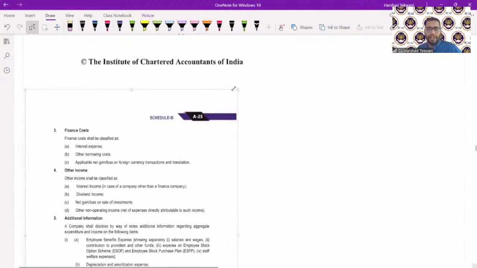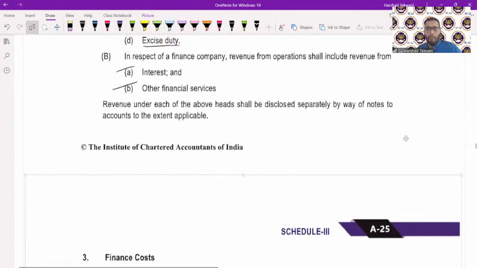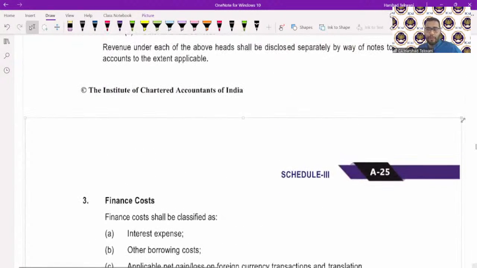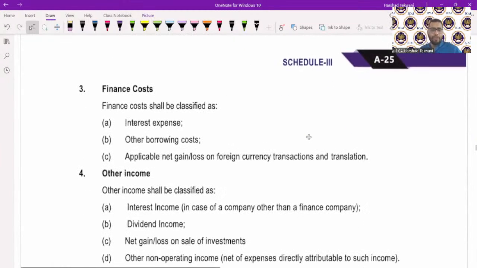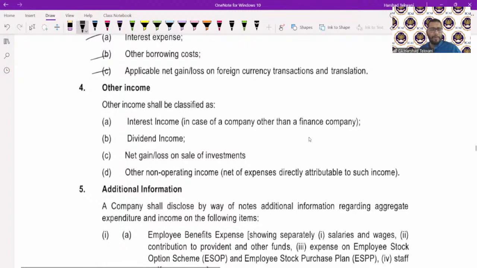Then the general instructions for the profit and loss account talk about what finance costs shall be: interest expense, other borrowing costs, applicable net gain and loss. In the same way, they provide information about other income: interest income, dividend income, net gain and loss, and other non-operating income.